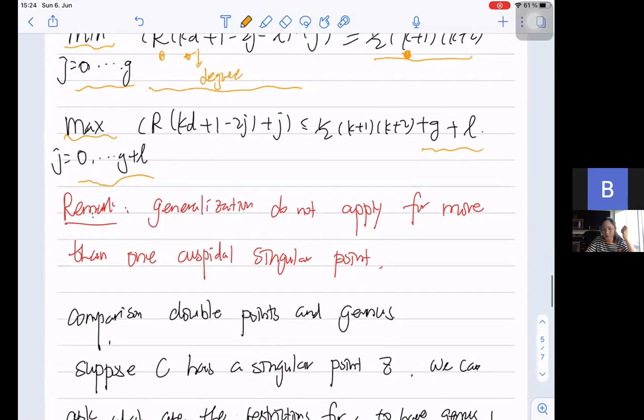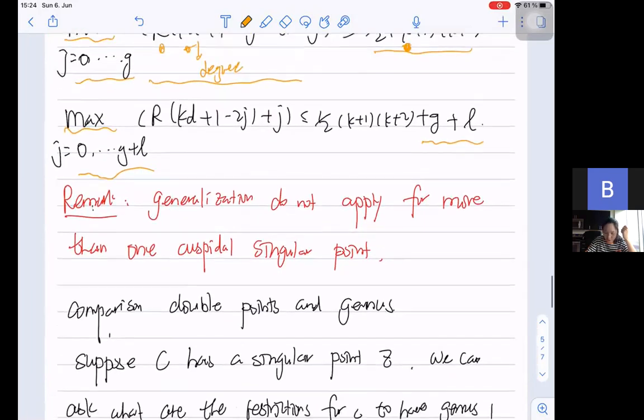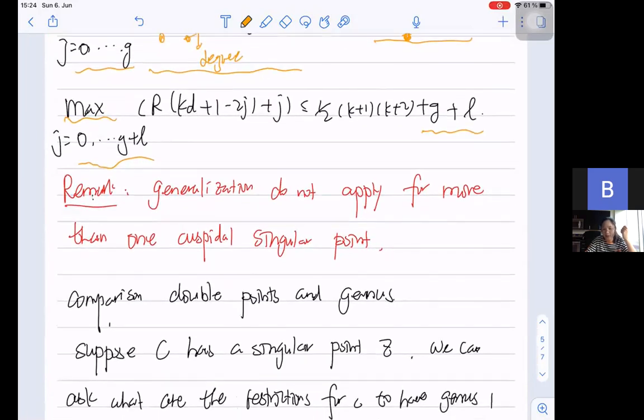It's very abstract just to see this restriction. So let's look at one application people are interested in using these obstructions. One thing is that we would like to compare the double points and the genus.